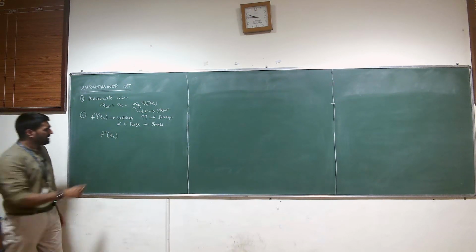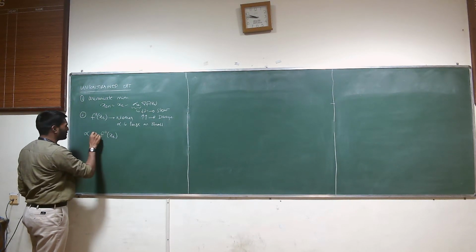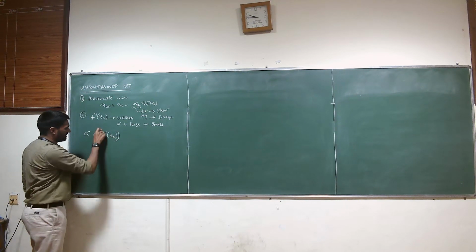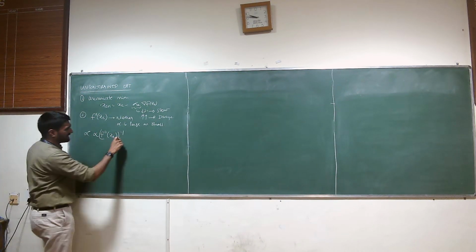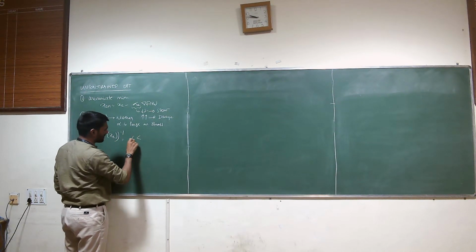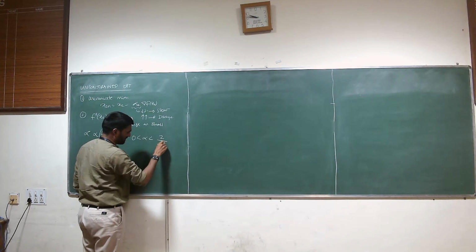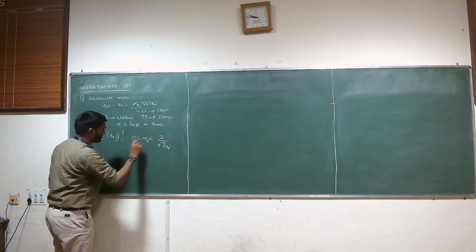Alpha should be proportional to 1 by f double dash. And in fact, we said the actual condition is that alpha should be less than 2 times 1 by f double dash.